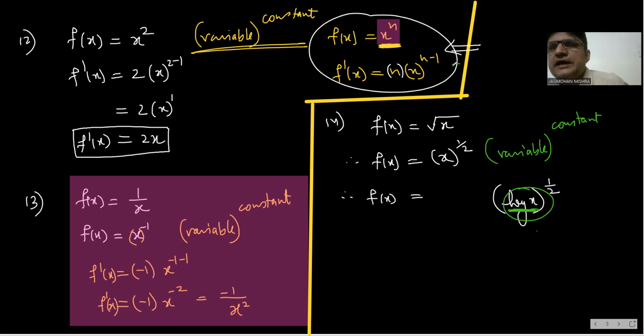So I cannot apply this result. This result, derivative of x raised to n is n into x raised to n minus 1, is only when the variable is x. Because remember, when you applied the first principle, that time it was x.